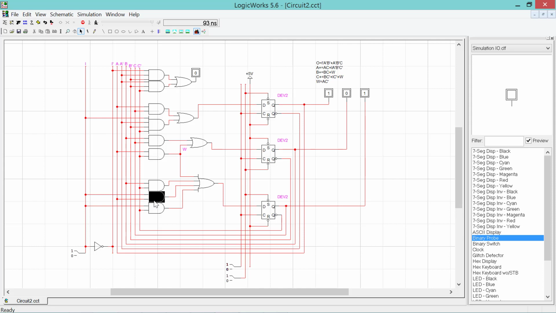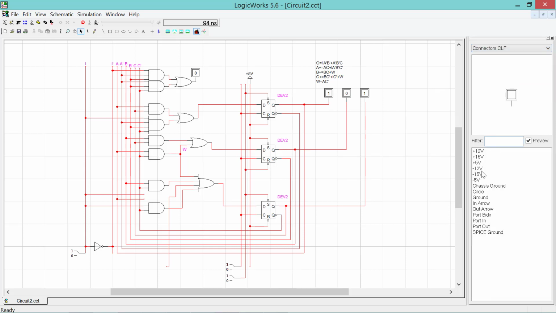Let's take this gate and just delete it. We can connect this input here to a logic 1. Let's connect this to a logic 1, ORing with, connect it with a logic 0.